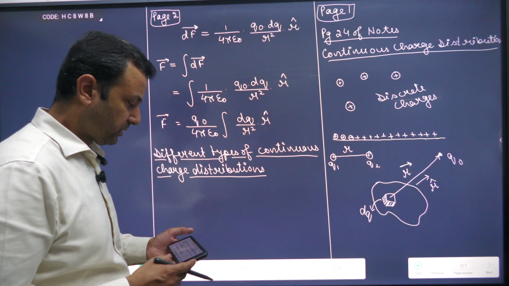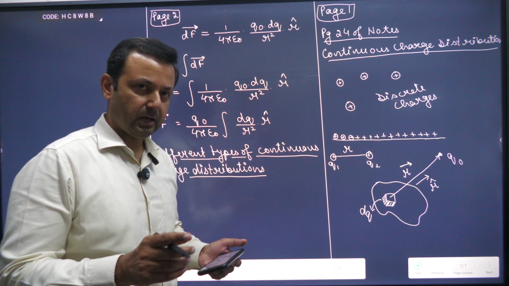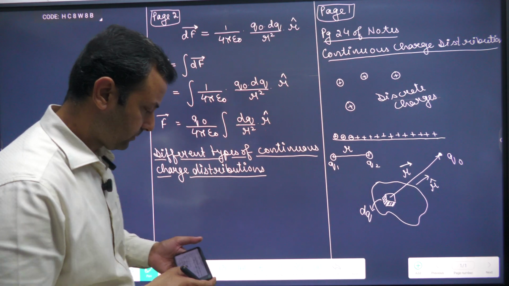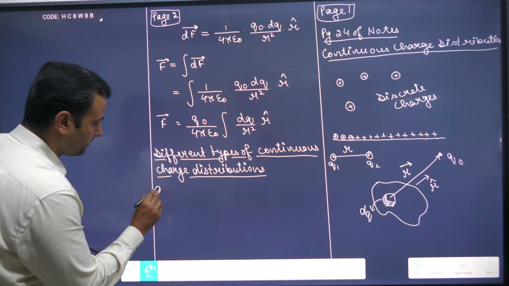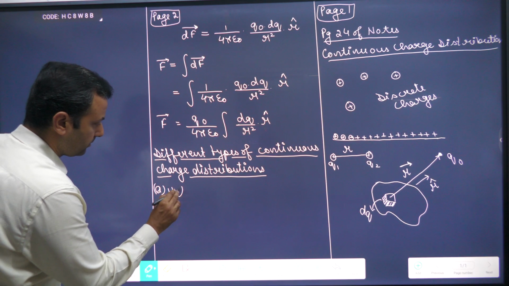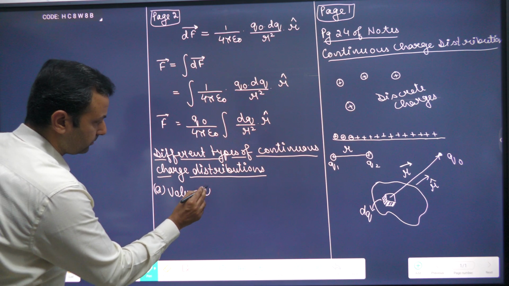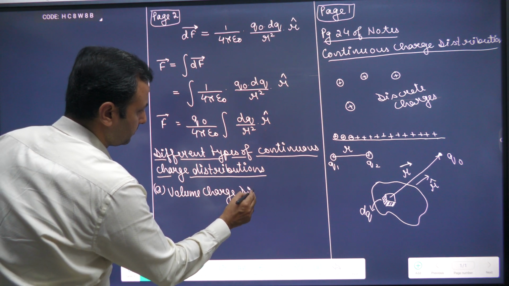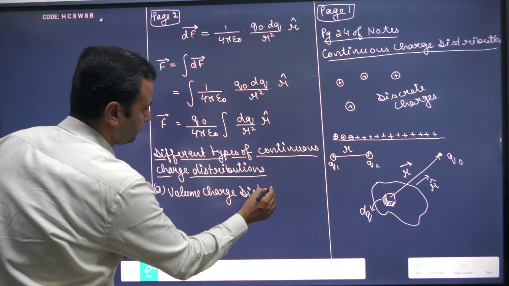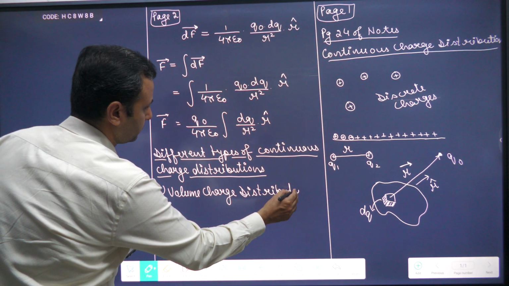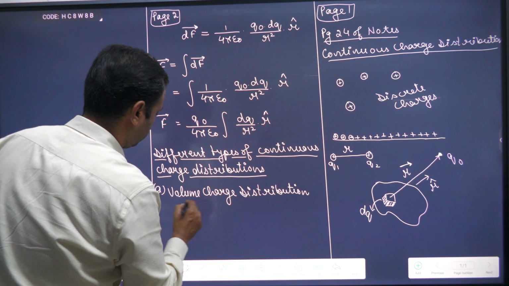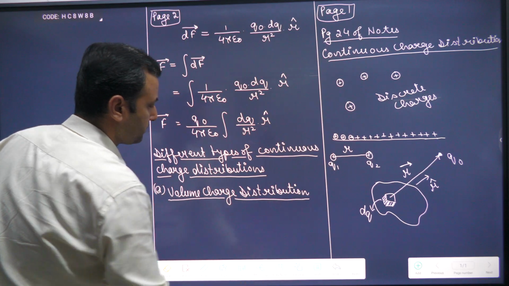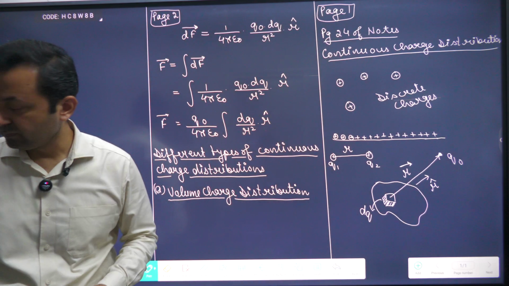There are three types of continuous charge distributions. A is volume charge distribution.